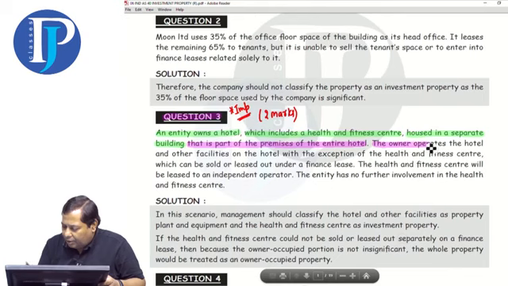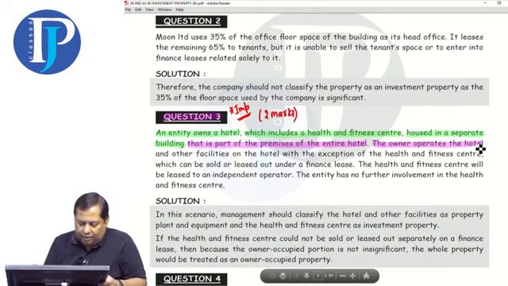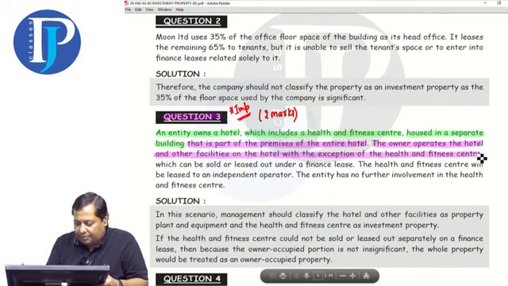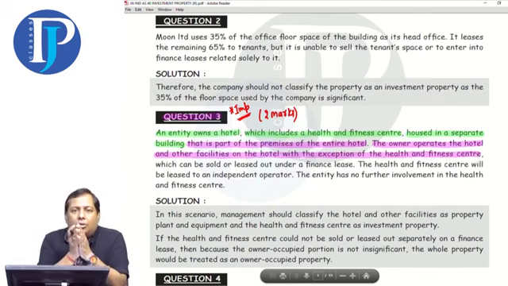The owner operates the hotel and also the other facilities present in the hotel, with the exception of the health and fitness center. Alright. The owners of the hotel run the hotel. They are running all the facilities.